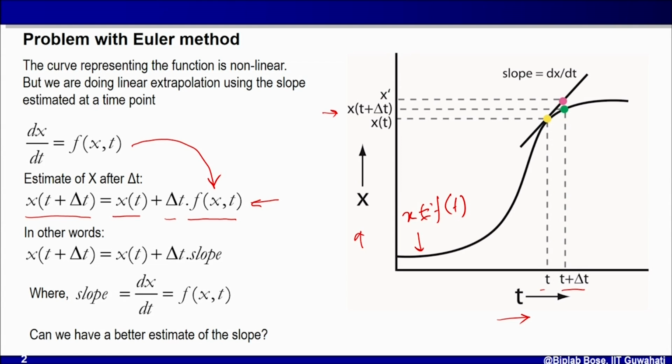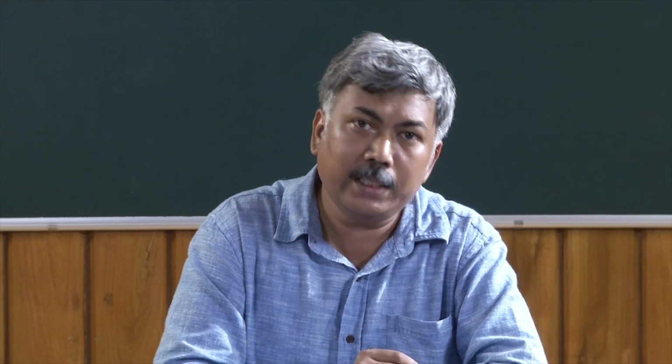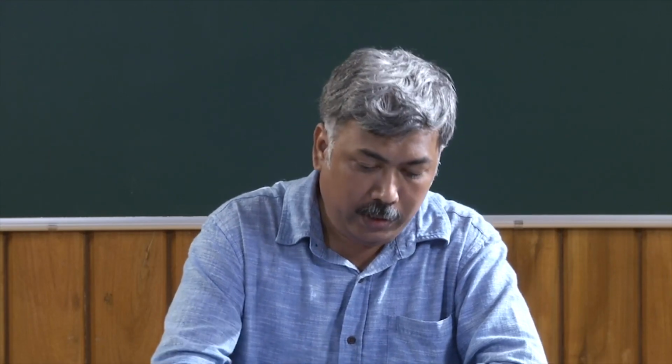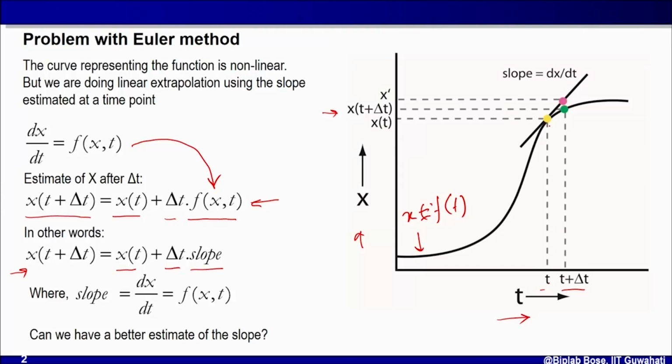In other words, x at t plus delta t is equal to x at time t plus delta t times the slope. Remember, the derivative of a function at a particular point is nothing but the slope at that point. So at time t, x is this yellow point, and if I draw a tangent along the curved line, which is the function for x, the slope of that tangent will be dx dt.